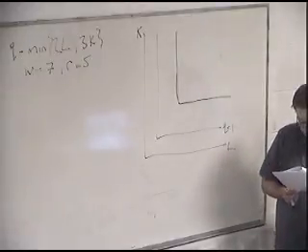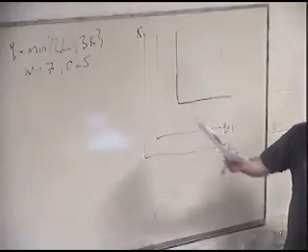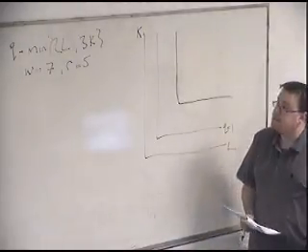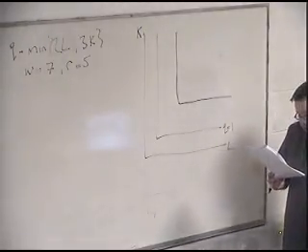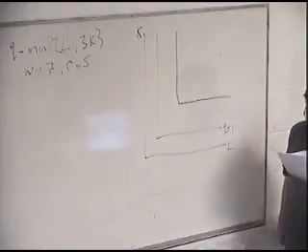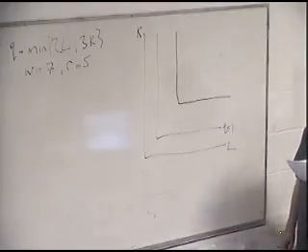Okay, so now we have Leontief technology. Q is equal to the minimum value of twice L and 3K. So that gives us these L-shaped isoquants.